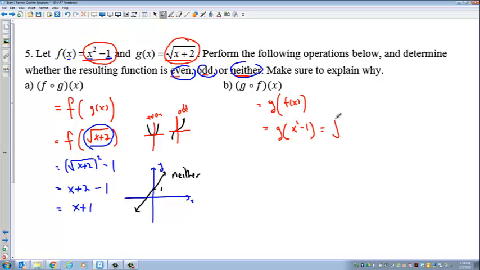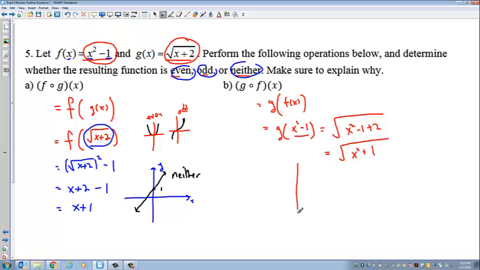So we'll take the square root, and now my it is this, so x squared minus 1, and we'll add 2 to it. And so that's equal to the square root of x squared plus 1. And that's my answer for that. And remember, the square root does not go through addition, so you're all done. You can't do anything more.